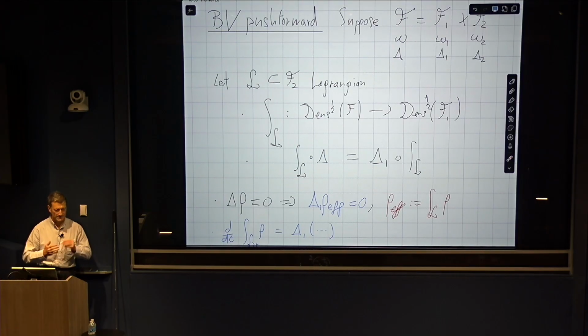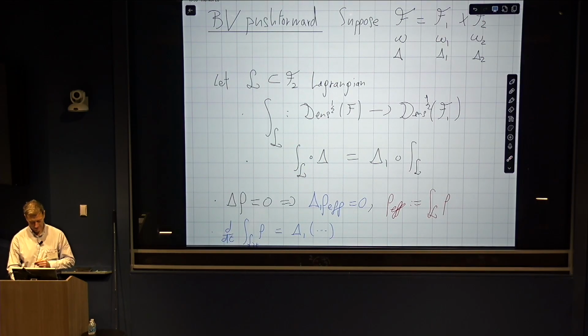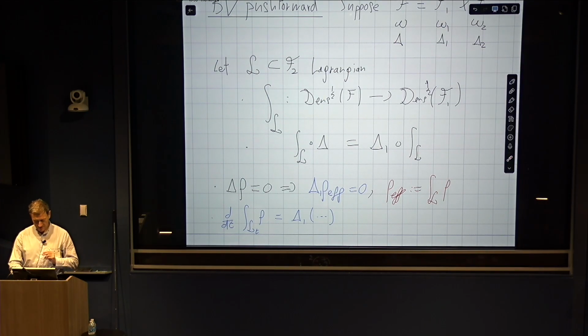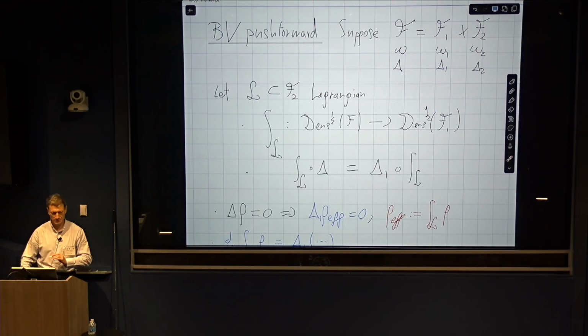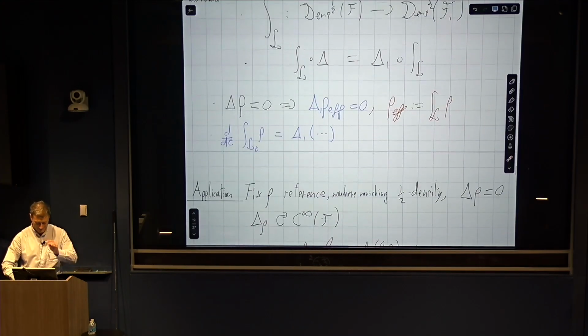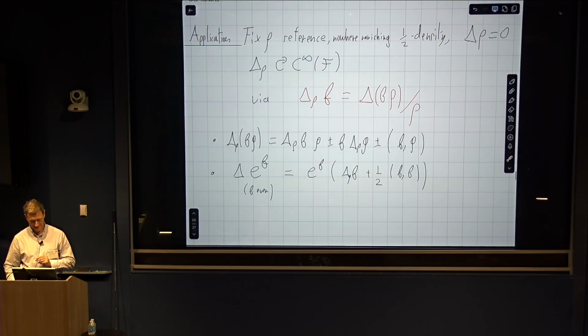It's now well defined in delta cohomology. Okay, just a comment. This construction can be generalized also to non-trivial bundles, but you have to put certain conditions on the kind of bundle for this to make sense.